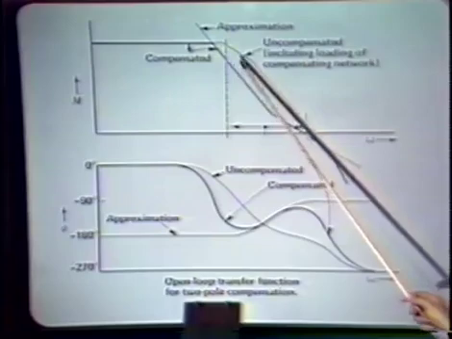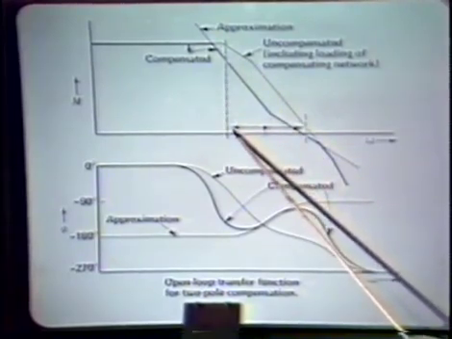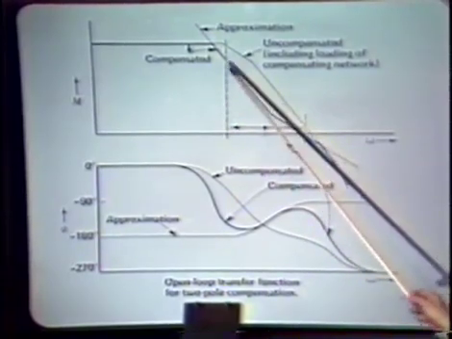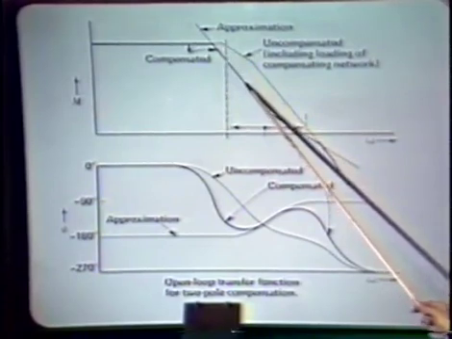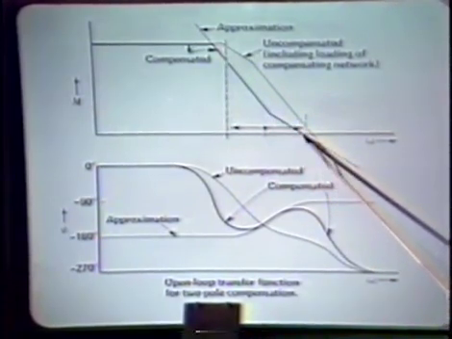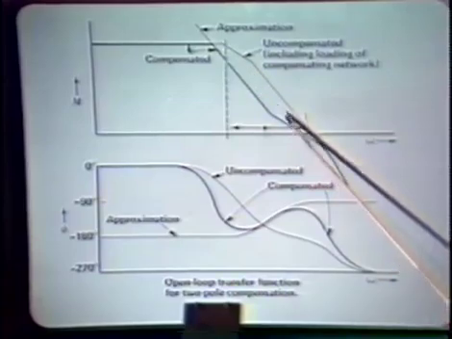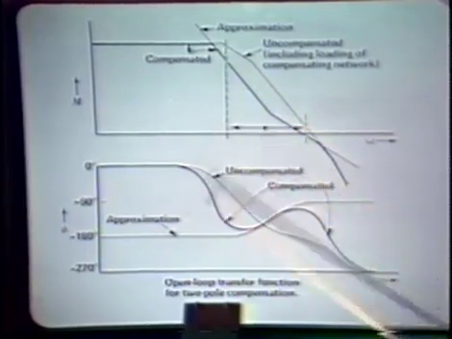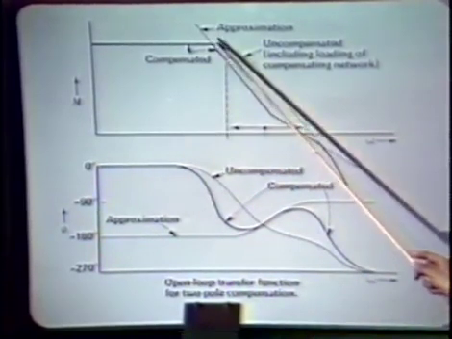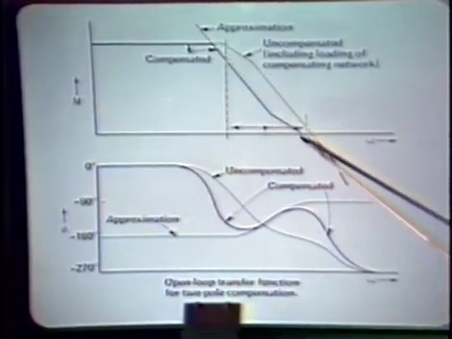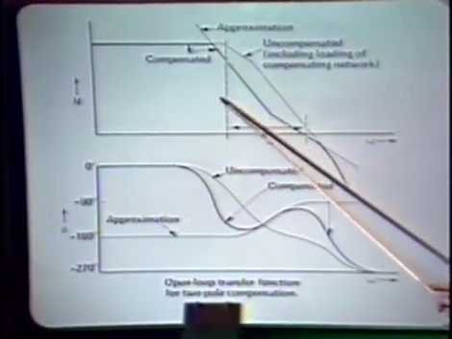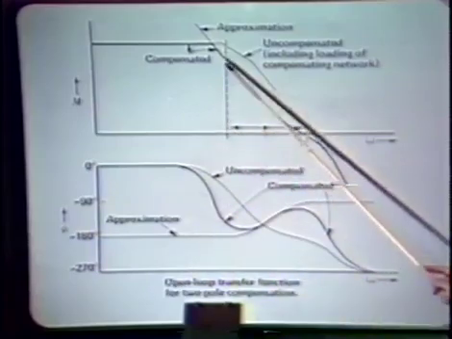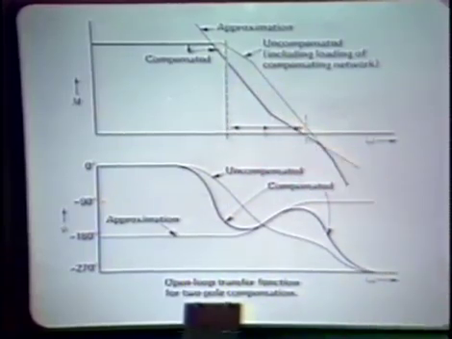Between about this frequency and this one, the 1 over s squared and then a 0 kind of approximation very accurately predicts the behavior of the amplifier. So the hope is that crossover in our major loop would occur somewhere in this region, and we could use the approximation to predict behavior.